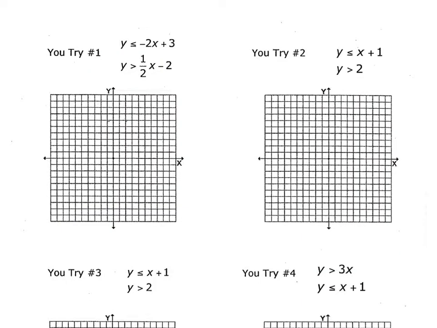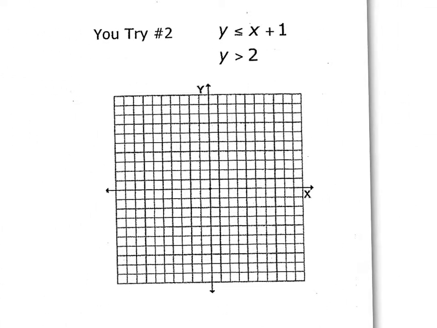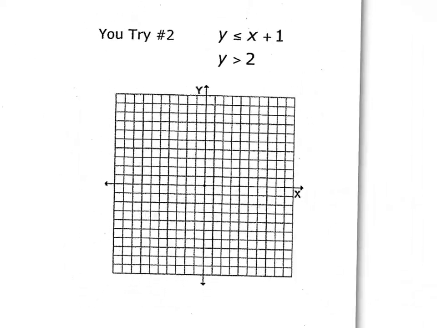Let's do one example, and then we will call it good for the day. Let's try this one right here. We have y is less than or equal to x plus 1. Our y-intercept we know is 1, so we can go up 1 and plot a point.